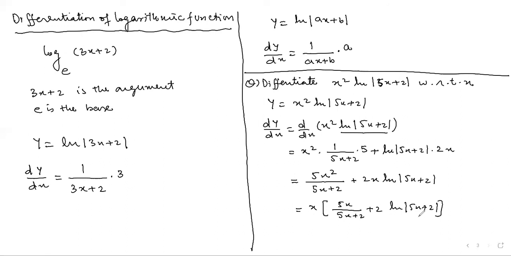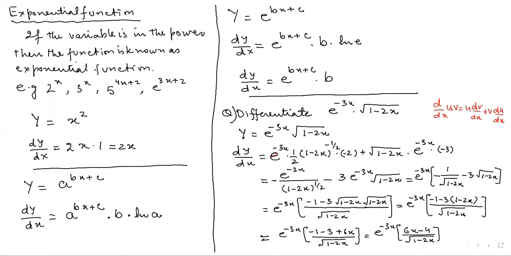So the summary of this lesson is, we want to differentiate an exponential function, and the differentiation of an exponential function is, write down the function as it is, multiply with the derivative of the power. In O levels, we will only deal with powers of e.